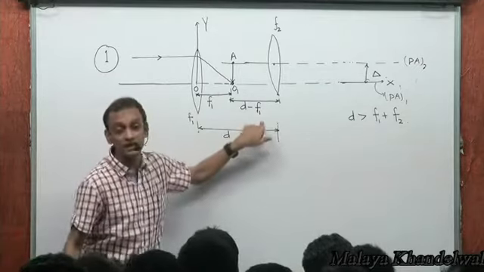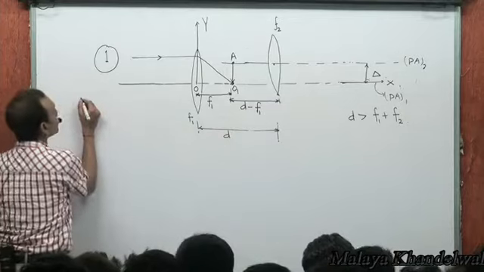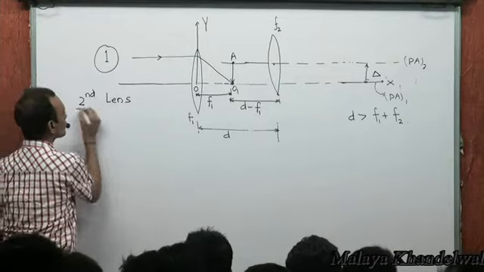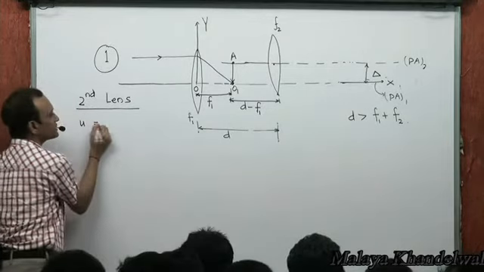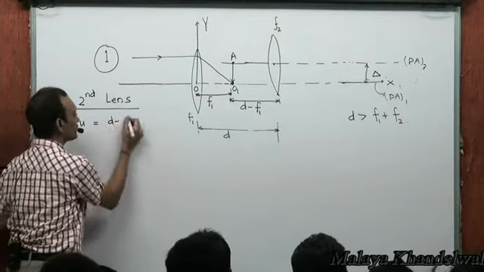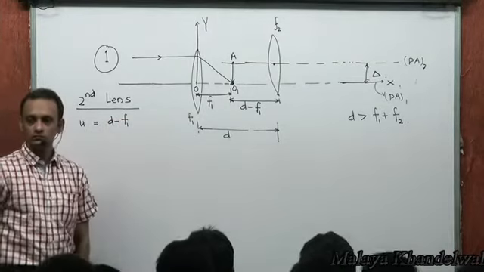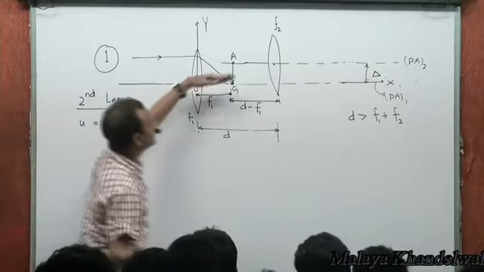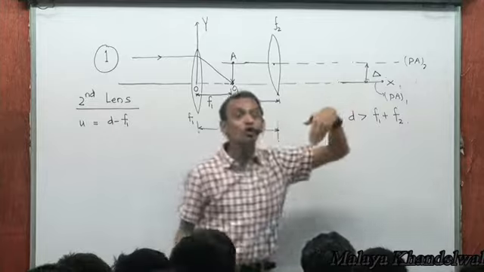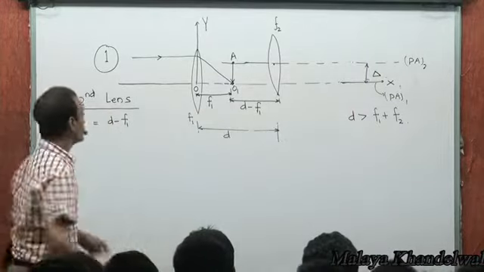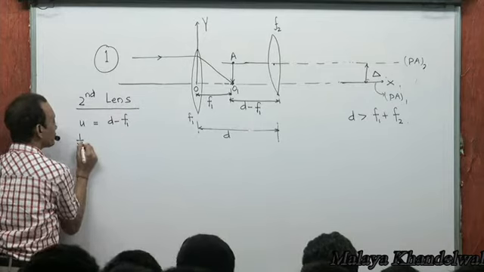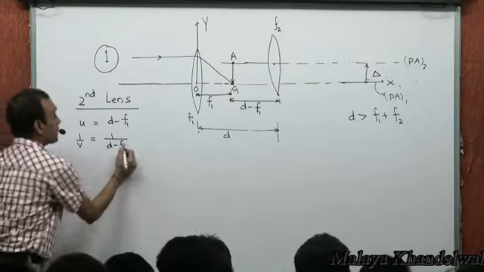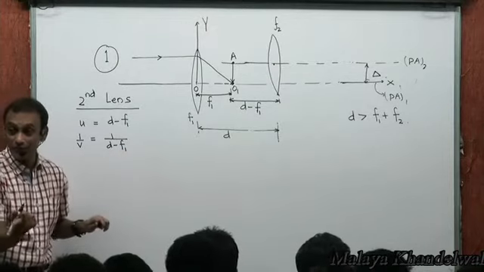So for the second lens, object distance is d minus f1. Focal length is minus f2. f2 is the magnitude of the focal length, but the focus of this lies on this side. So f is minus f2. So 1 by v is 1 by u, which is d minus f1, minus 1 by f2. Minus 1 by f2, yes or no?